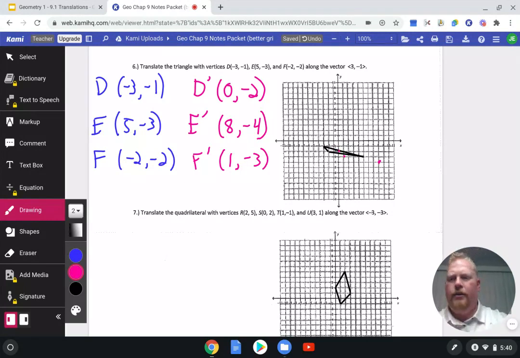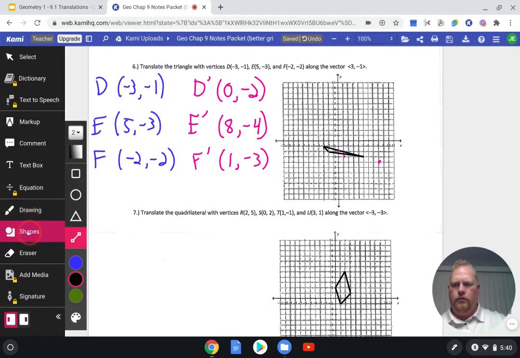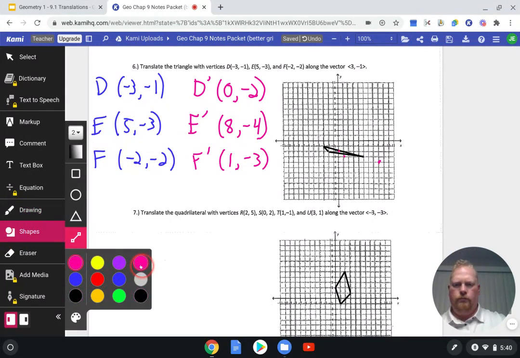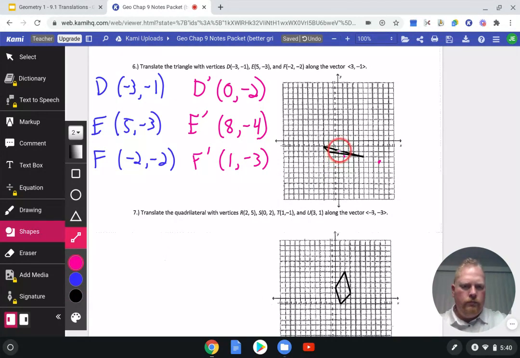And then I will connect those points. And hopefully you can see it's the exact same shape, just shifted a little bit.